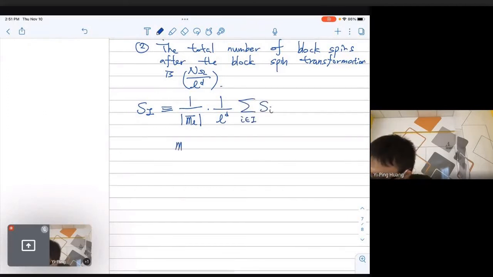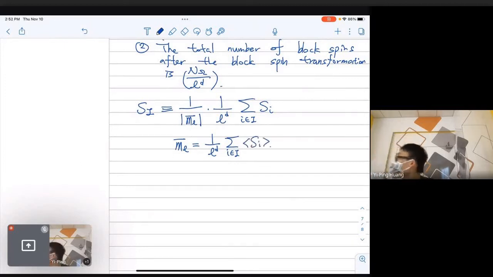And m_L bar is basically 1 over L^d times the sum over i belonging to the block spin, taken as an average value. What does that mean?